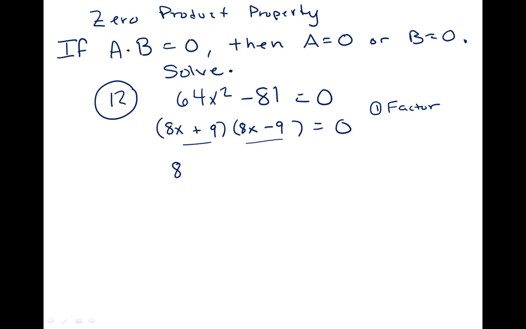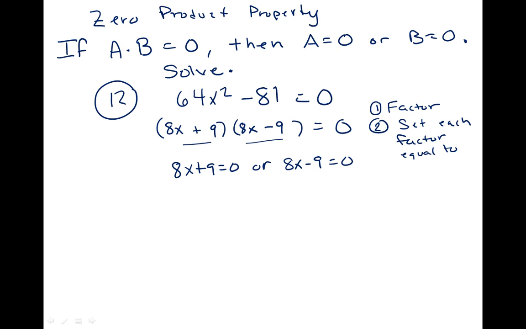So that means either 8x plus 9 has to equal 0 or 8x minus 9 has to equal 0. So step 2 is to set each factor equal to 0. And hopefully you've done this before. And then the last step is just to solve each of these.